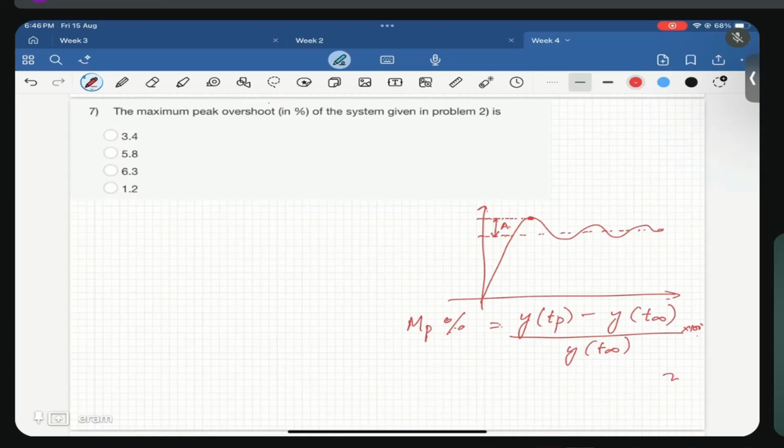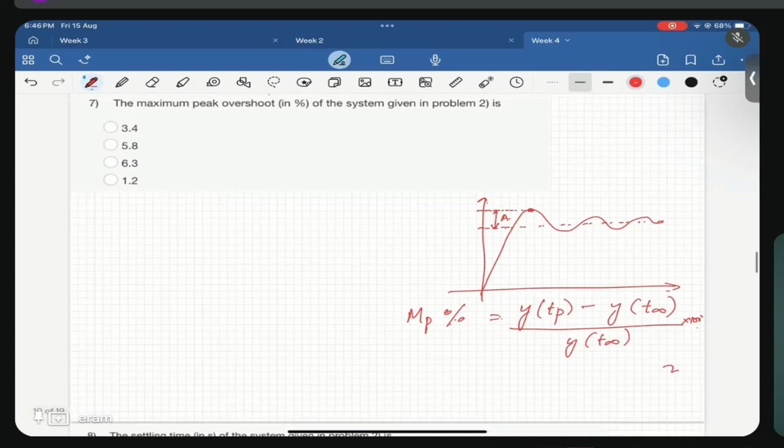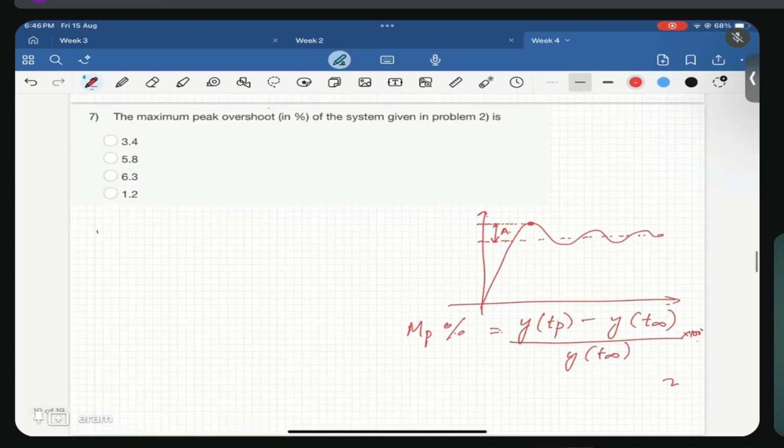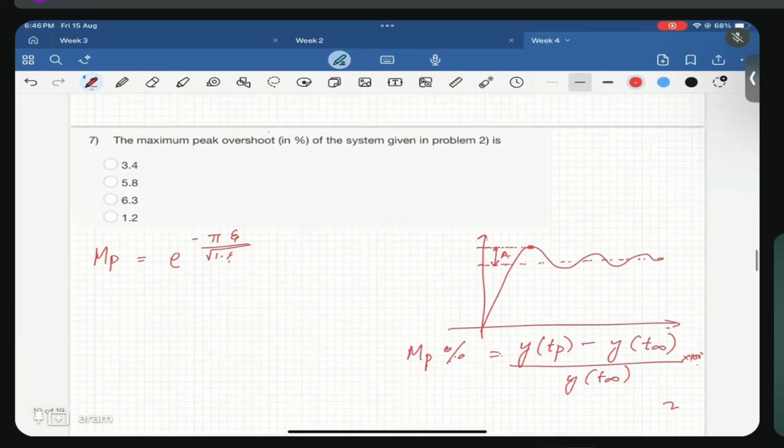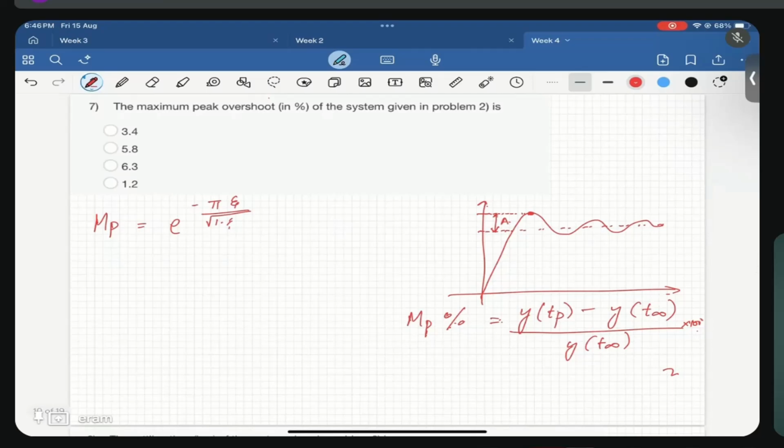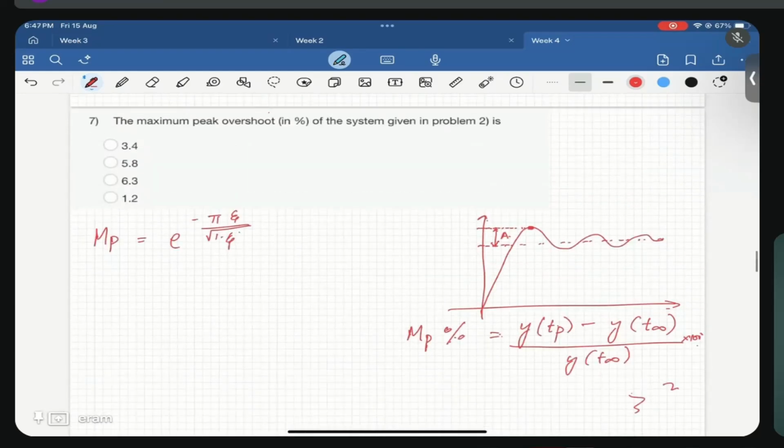Or the other way, we can calculate using the parameters of the system. So the maximum peak overshoot can be given as e to the power minus pi zeta by square root of 1 minus zeta square.